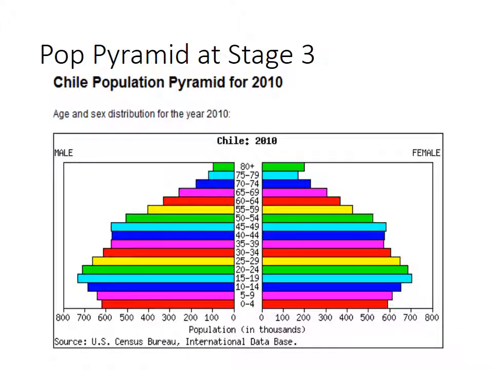A stage 3 population pyramid is going to start flattening out a little bit at the base. It's still going to be wider than the top. There's not going to be a lot of vertical. It's still pyramidal in shape, but you can see, especially towards the bottom cohorts again, that the population growth rate is starting to decline, but not the population.